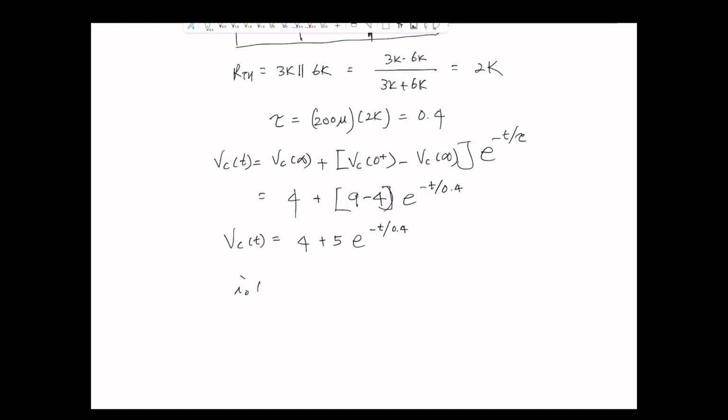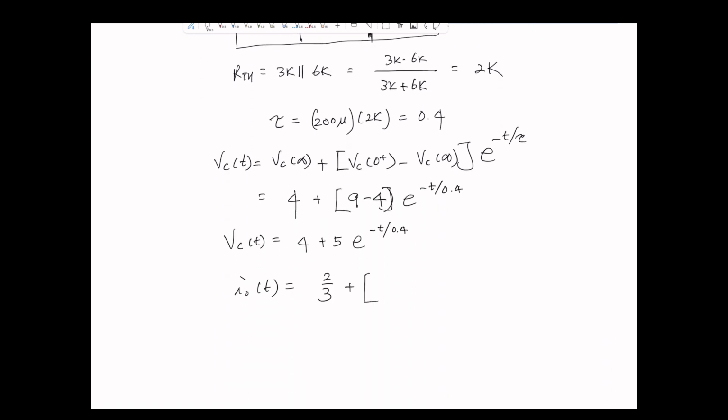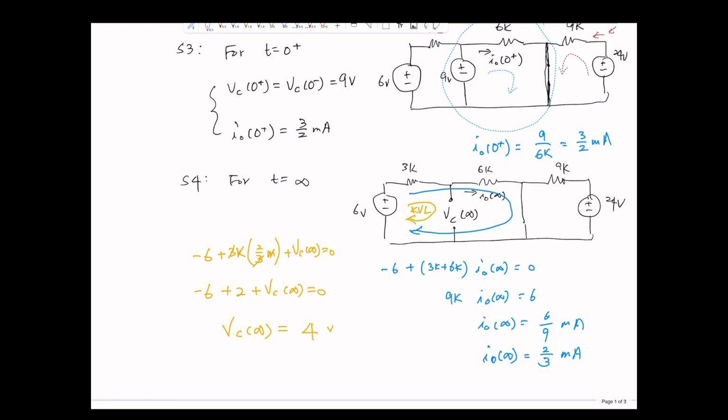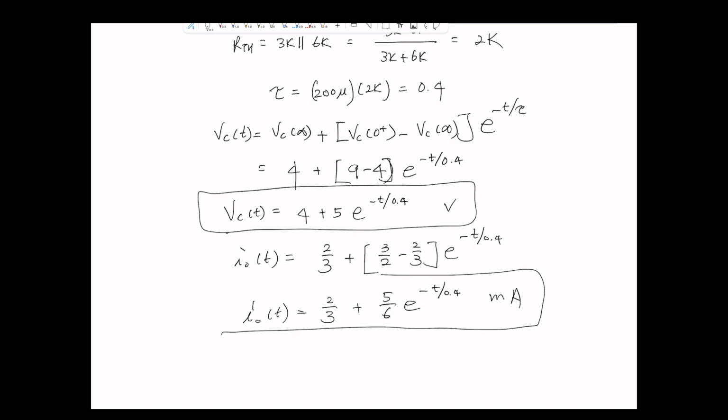And I sub 0 of t equals I sub 0 infinity 2 over 3 plus [I sub 0 plus 3 over 2 minus 2 over 3] e to the negative t over 0.4. I sub 0 of t equals 2 over 3 plus, with the common denominator of 6, 9 minus 4, that is 5 over 6 e to the negative t over 0.4. Voltage is in volts, and the current is in milliamps.